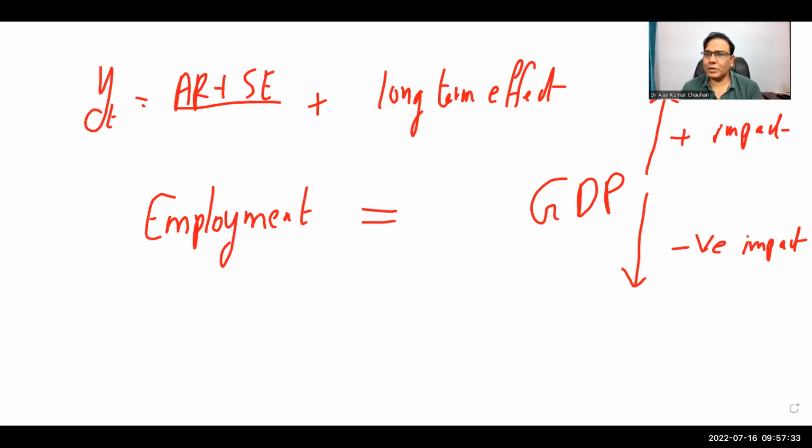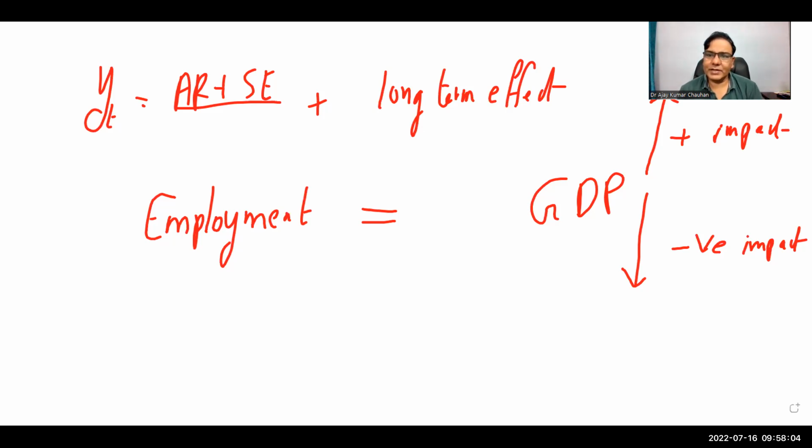When GDP comes down, the retrenchment is very, very high. When GDP is going up, the recruitment is not very high. So the impact of GDP on employment was not symmetric. The impact of negative movement of GDP is different on employment, and the impact of positive GDP is different on employment.